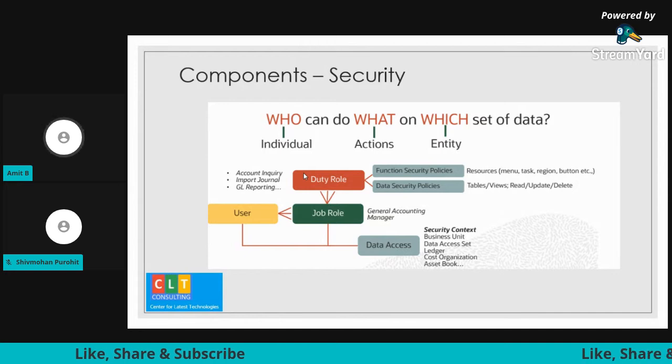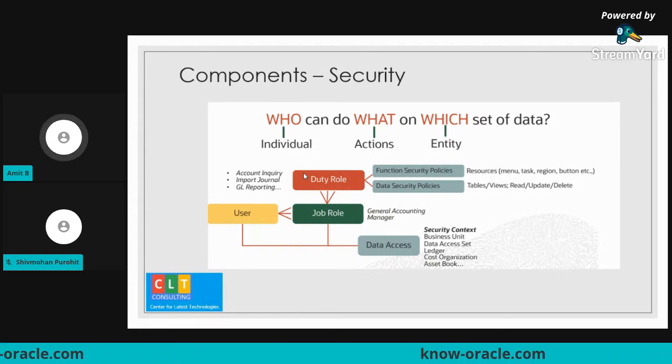Then you can have certain business units where they can perform those actions, and up to those business units or set of data, how much they can perform, whether they can perform all the actions or they can only view the data. That we define with the help of data access set.